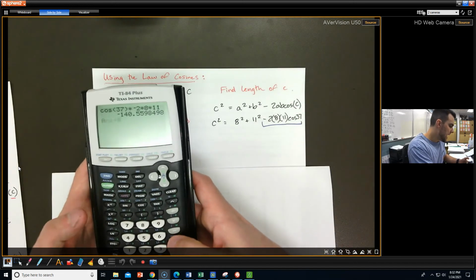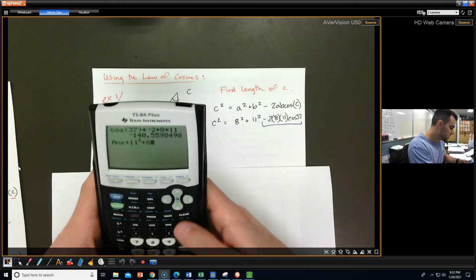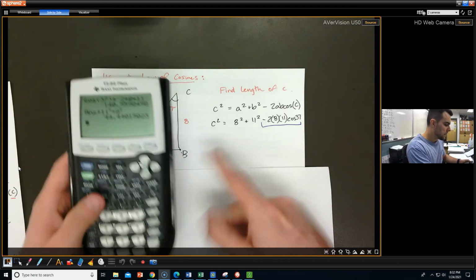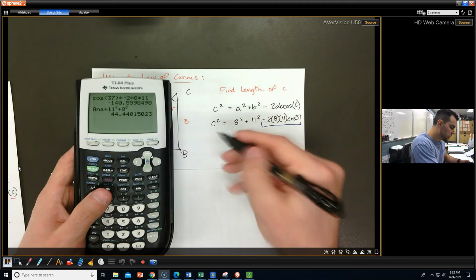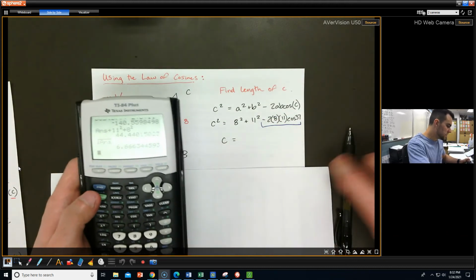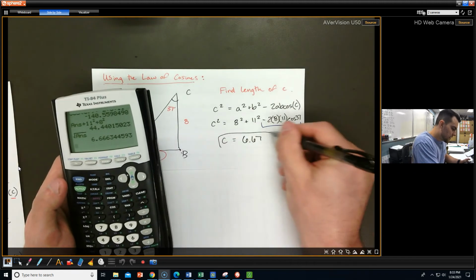Then I know I have to add 11 squared, and also 8 squared. So I can add those real quick. Now I need to take the square root, because this is still C squared. So C is going to equal the square root of this, and I get about 6.67 for my length.